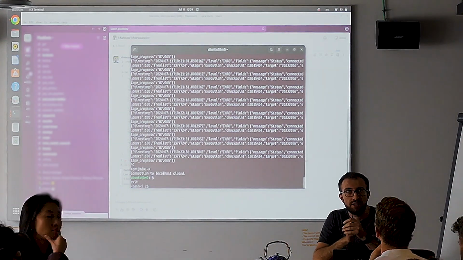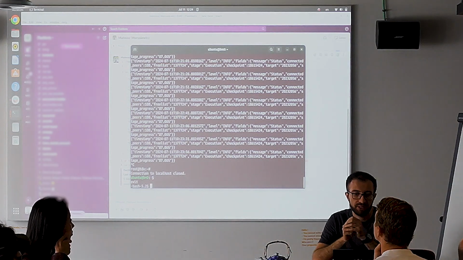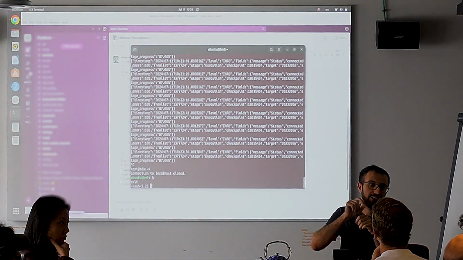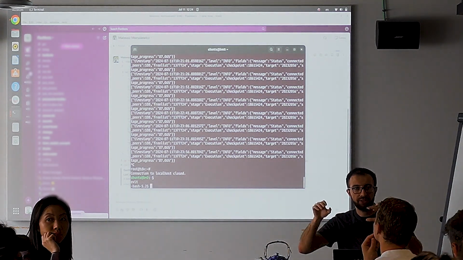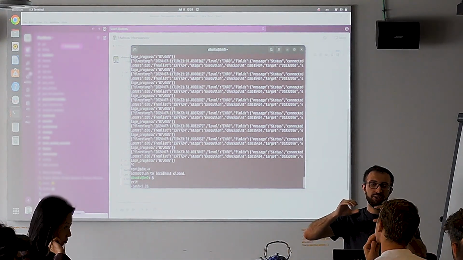To my understanding, how Azure is doing it is that when you do the attestation, you are trusting the HCL, the hardware multilayer, which runs on top.